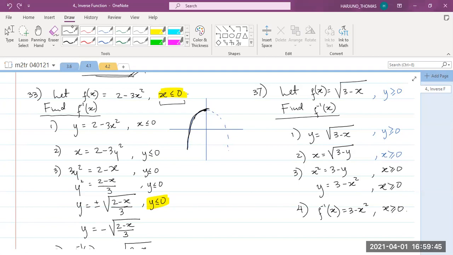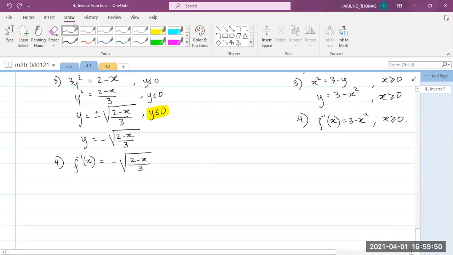Now, last question from this section, number 47. The others are actually on the easy side. But number 47: let f(x) equal x squared minus 6x, where x is at least 3.